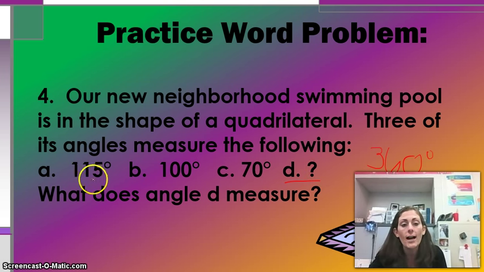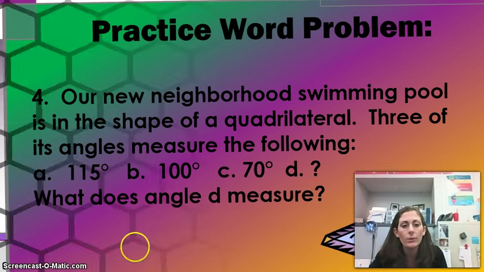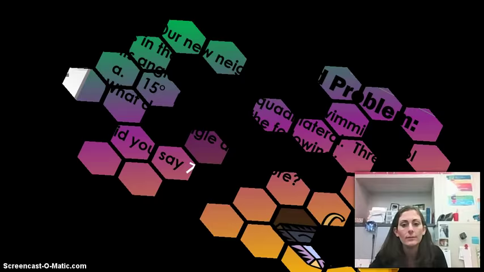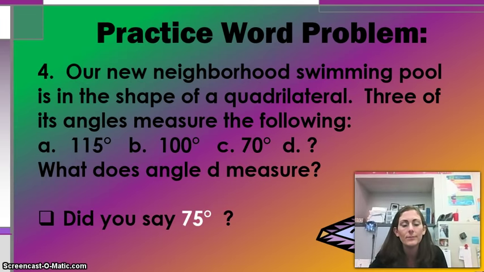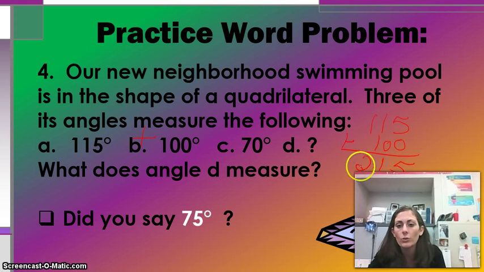So I would suggest adding 115 plus 100. The answer is 75 degrees, but let's go ahead and add. So when you add 115 plus 100, you get 215 degrees, plus another 70, you get 285 degrees.